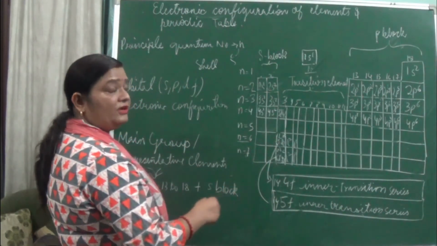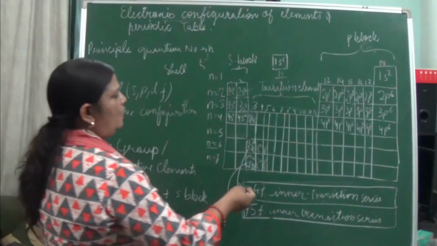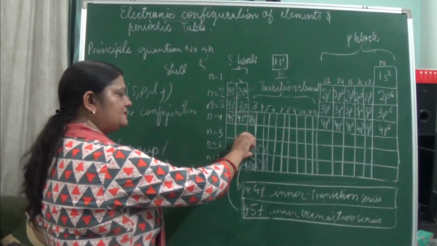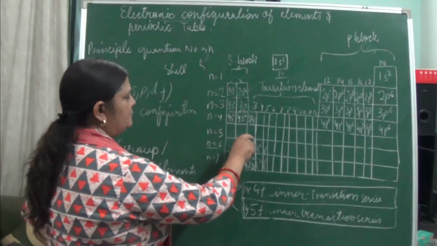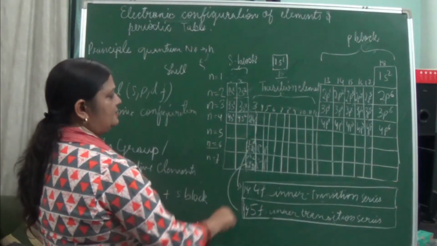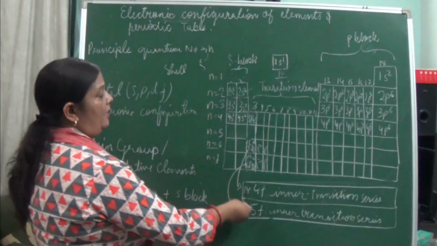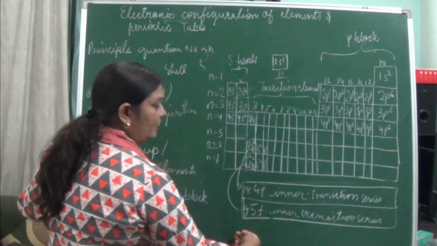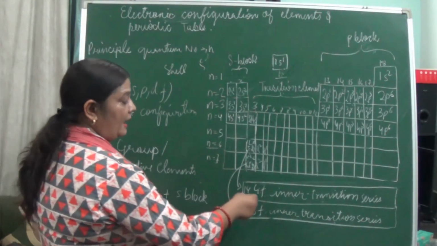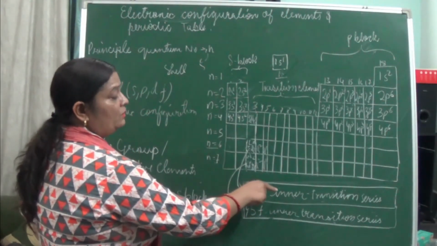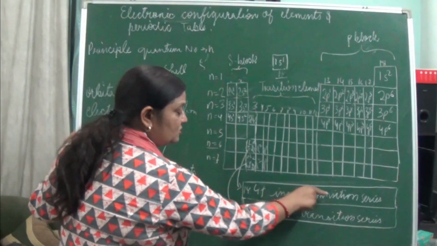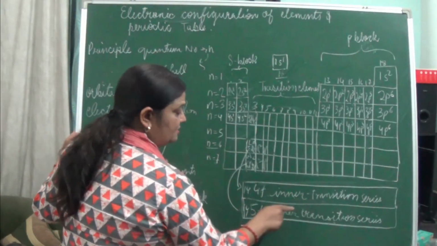So all the 14 elements can't be accommodated in period number 6, and 14 more in period number 7, so they are written down separately. The 4f series is known as the 4f inner transition series and the other as the 5f inner transition series.